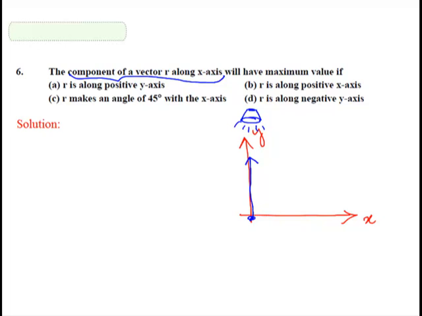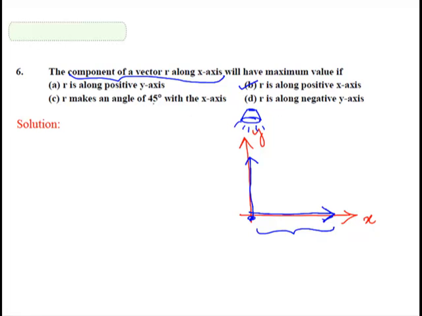What happens if you keep it along the positive x axis? It's like this. Now don't you think the length of the shadow is maximum when you keep it along the x axis, right? Now this looks correct, but let us also check option C and option D as well.